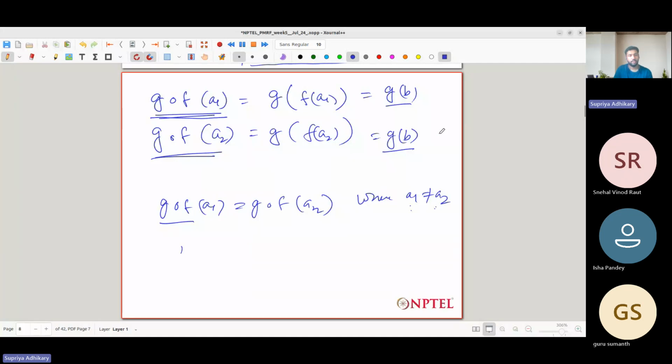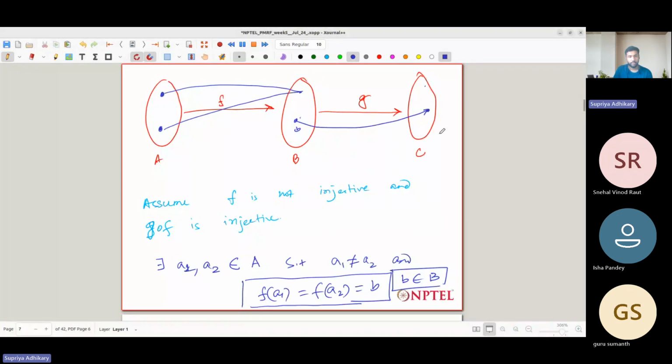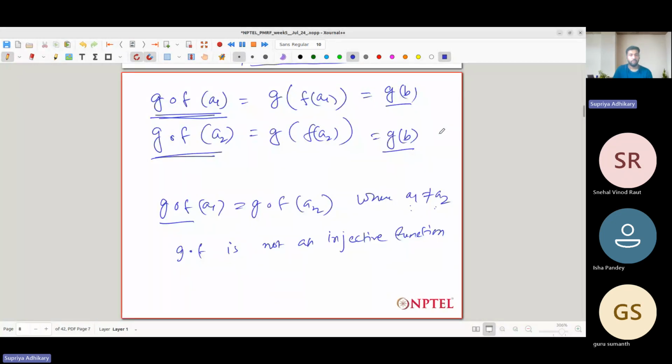So that means this is not an injective function. That is a contradiction, because we have assumed that f is not an injective function and g composition f is an injective function. So this g composition f is not an injective function. This is a contradiction.